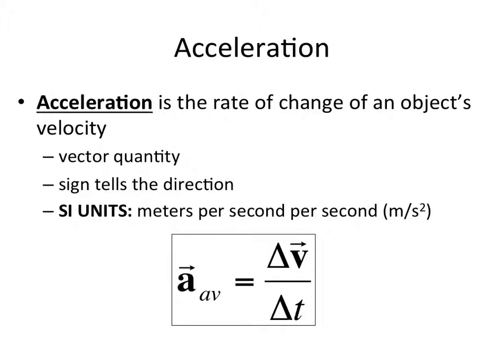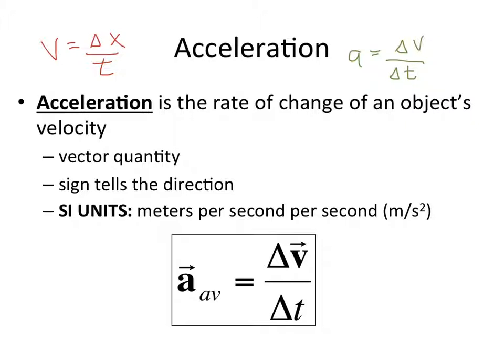Acceleration is a rate of change of an object's velocity. If you go back to think about what velocity is, velocity is a change in position over time, right? Well, what acceleration is, is a change in velocity over a corresponding change in time.